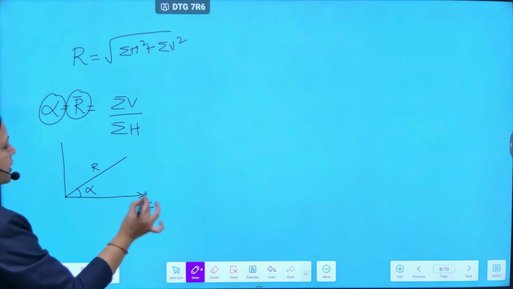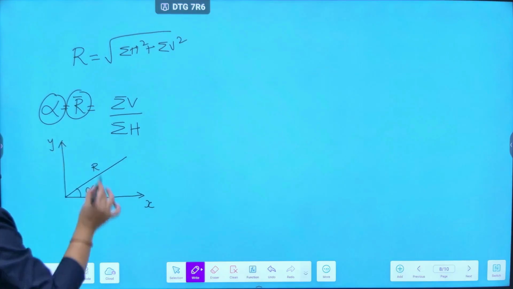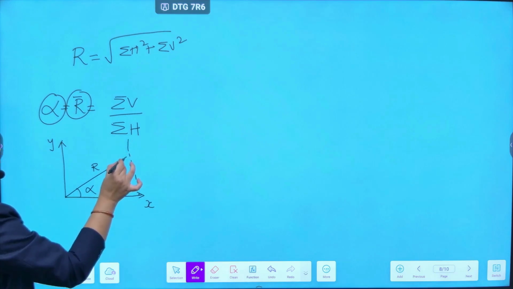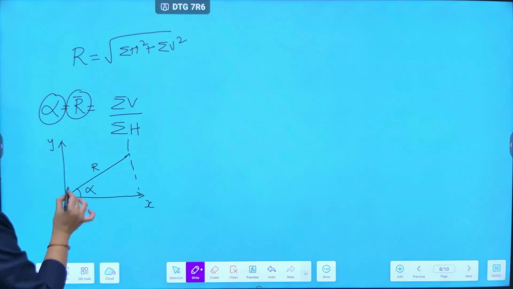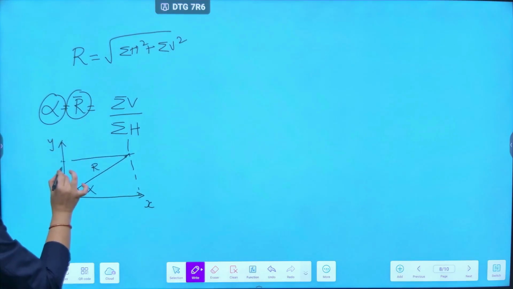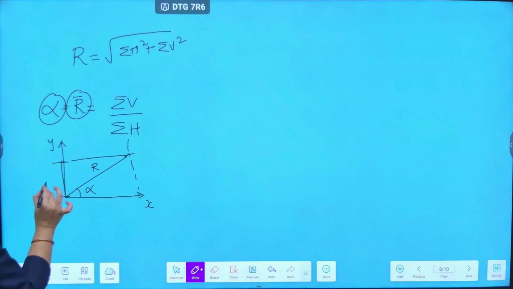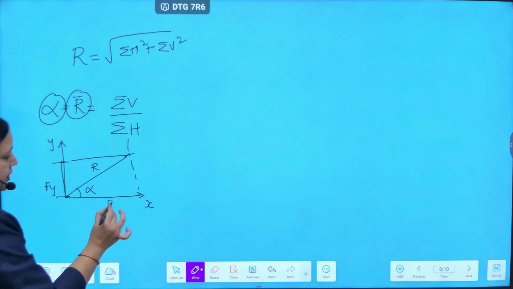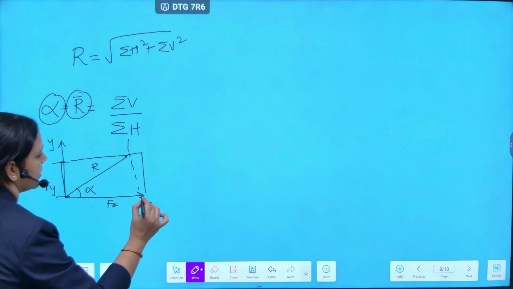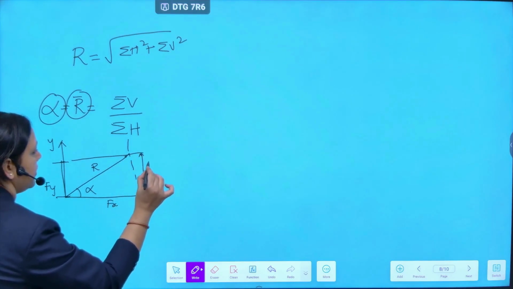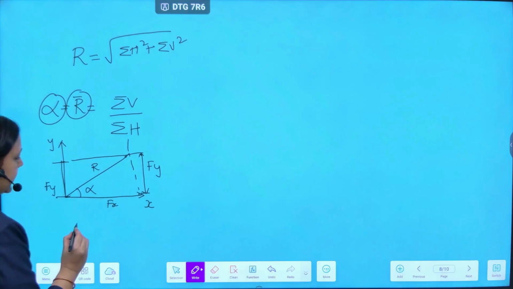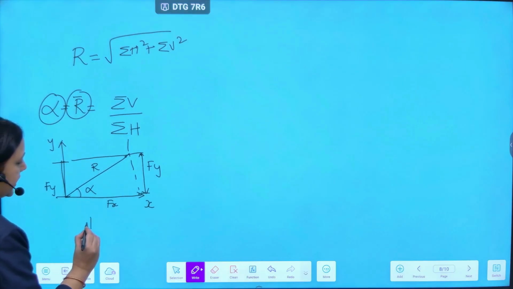Now how do I calculate this? I'll just imagine that this is a triangle. Whatever is the value of the force over here, suppose this is Fy and this is Fx. That is the value over here also, Fy. Now with simple trigonometry, we can apply the formula of tan over here.